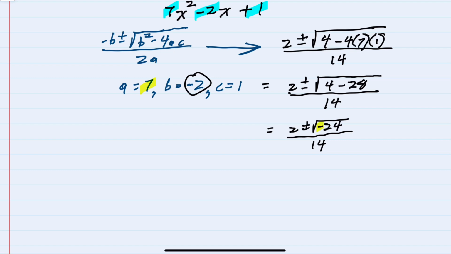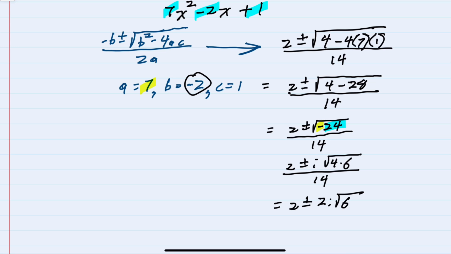This negative can come outside of the radical as an i, and the 24 can be broken down into 6 times 4, and the 4 would come out as a 2 since it's a perfect square. So just to show that, the negative comes out as an i, the 24 is 4 times 6, and then since the square root of 4 is 2, this would be 2i, square root of 6.